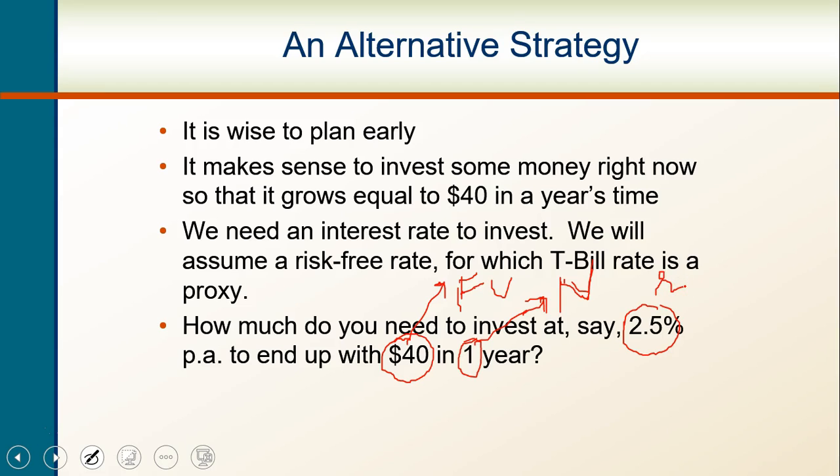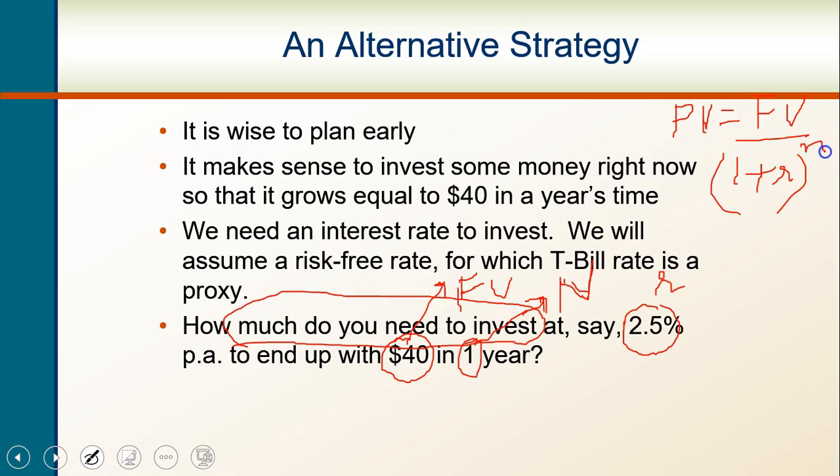So basically what we want to find out is the present value. How much do you need to invest now so that it grows into $40 after 1 year at a 2.5% interest rate? If you remember, present value is equal to the future value divided by (1 plus r) raised to the power of n. So you could substitute the numbers here.